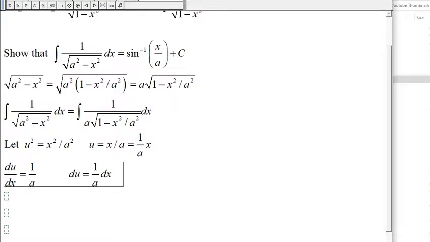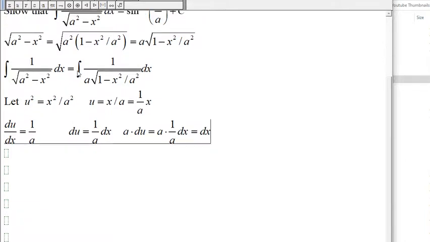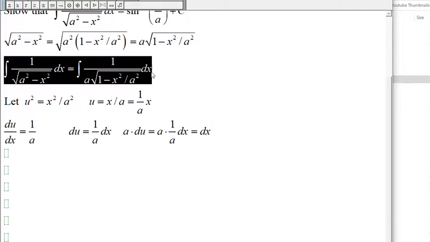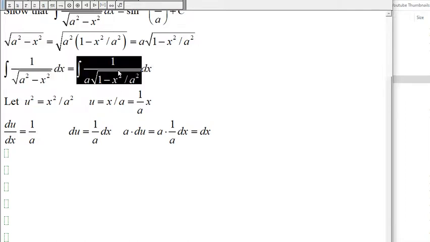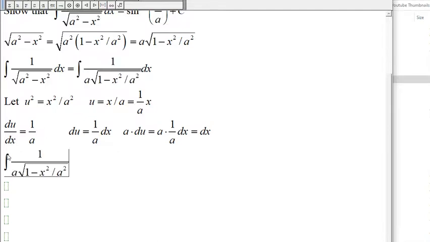Now multiply both sides by a, and we get a times du is equal to a times 1 over a dx, which is dx. So this integral now becomes this.